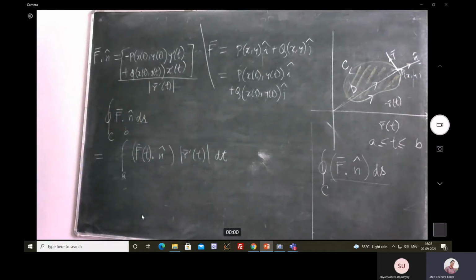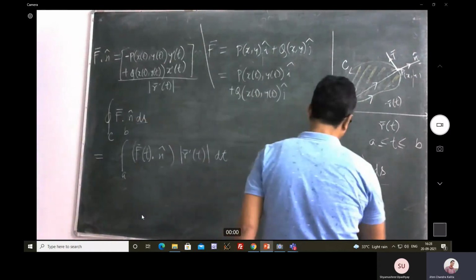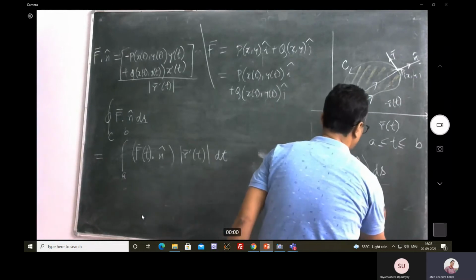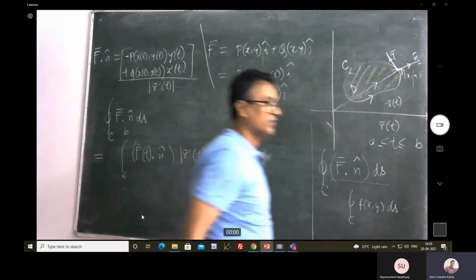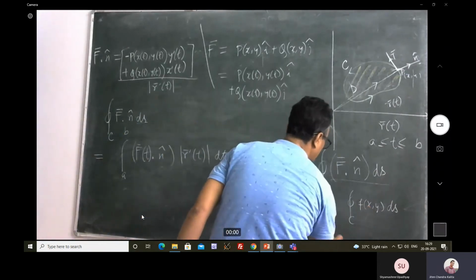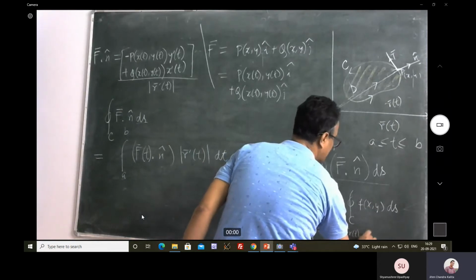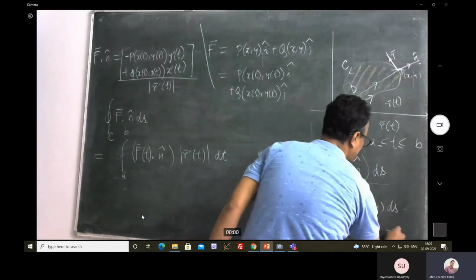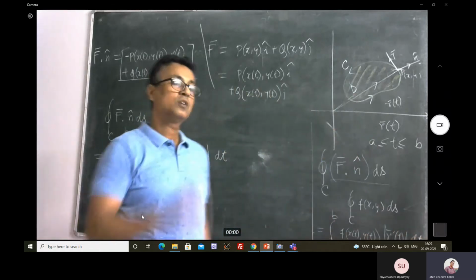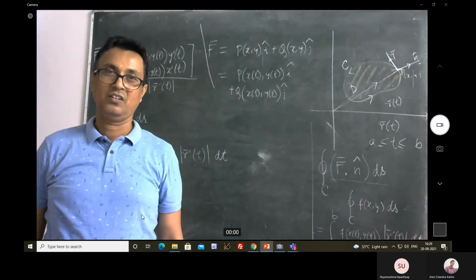Suppose I'm considering something like small f of x, y ds. This was simply the integral from a to b of f of x(t), y(t) times the magnitude of r prime t dt, because ds was the square root of (dx/dt) whole squared plus (dy/dt) whole squared, dt. If you recall, is it okay?